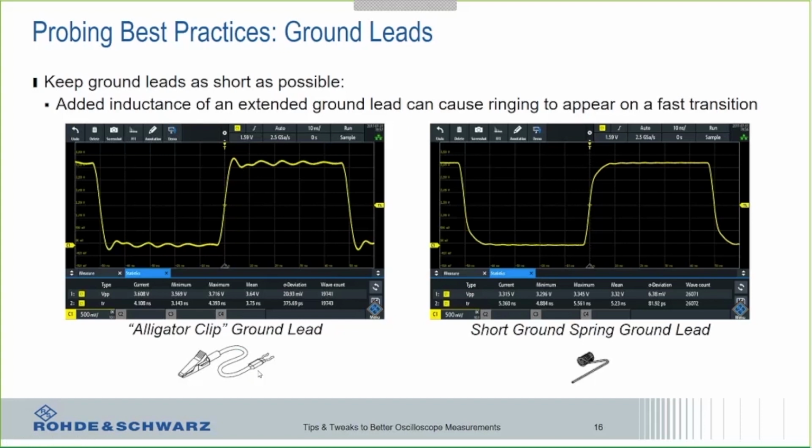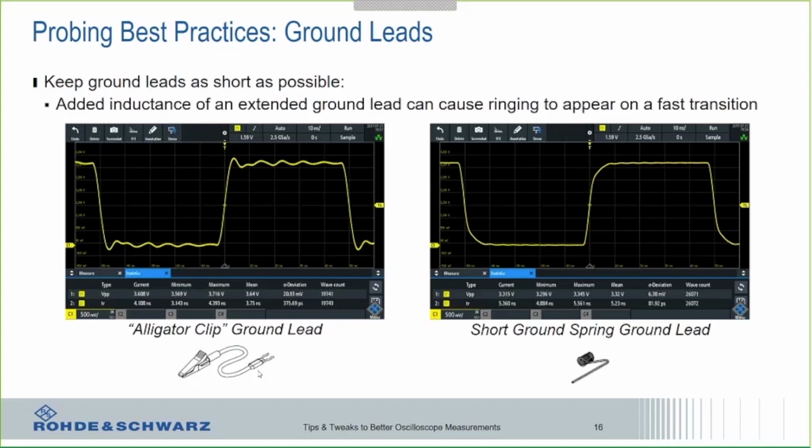They are very nice because they give you a good extension to be able to find a good ground. But there are, again, some limitations that you should be aware of when you're using those. It might be that you have no choice but to use the alligator clip, and that's fine. But you should definitely know what sort of impact it can have on your signal. And so I wanted to give you a couple examples of these here. As we look at them, on the left-hand side, I'm measuring a 10 megahertz signal.